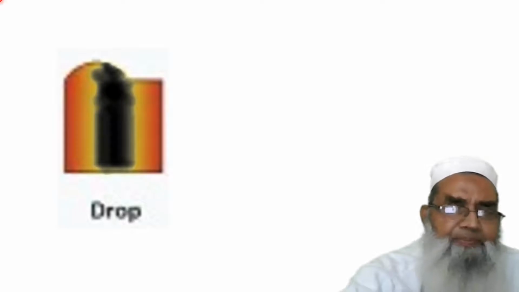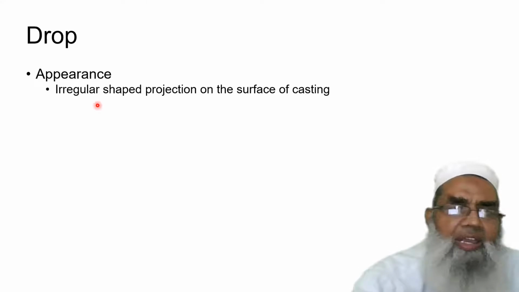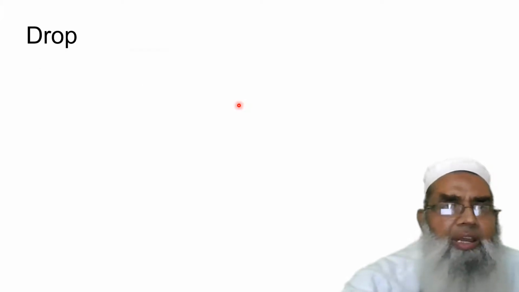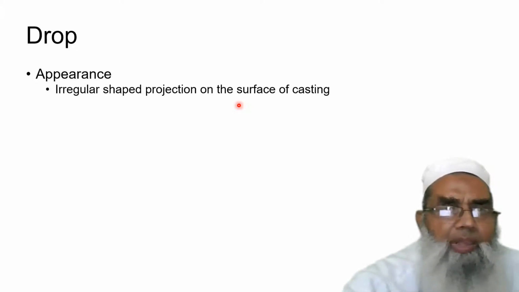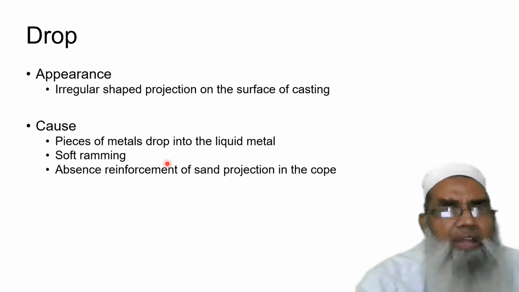Then there is a drop. Basically this drop may appear as an irregular projection on the surface of sand, as we have seen earlier in the figure. This can be pieces of metal dropped into the liquid metal, and it occurs when ramming is soft and there is no proper reinforcement of the sand projection in the cope.